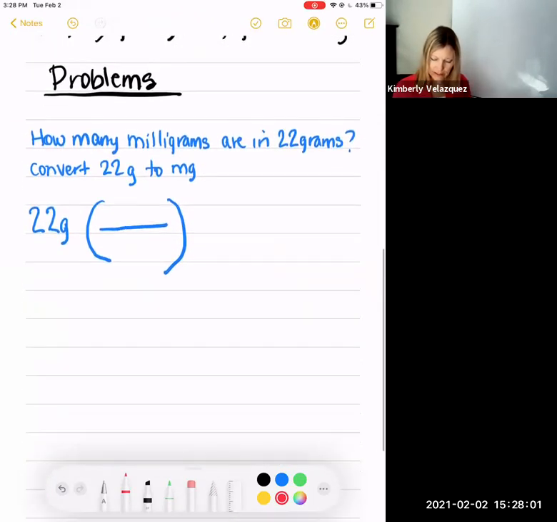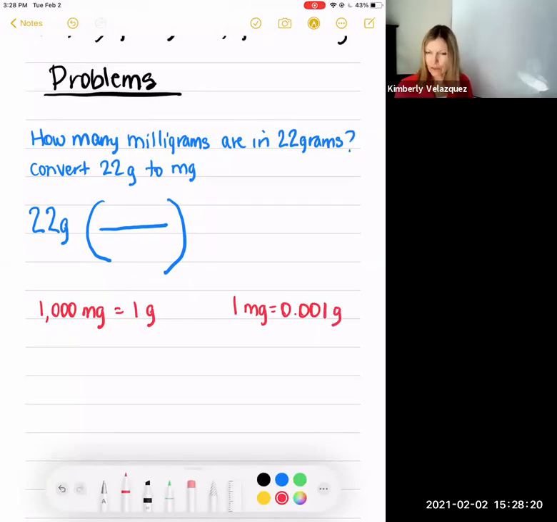Okay, so I can either say there are 1,000 milligrams in 1 gram, or I can say 1 milligram is 1/1000th of a gram. Those are saying the same thing. I'm going to use this one first.